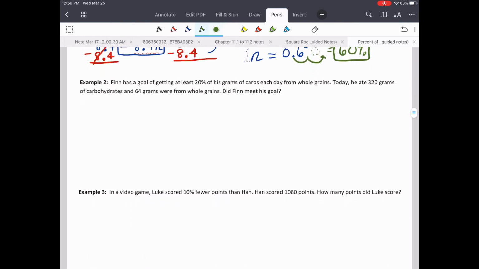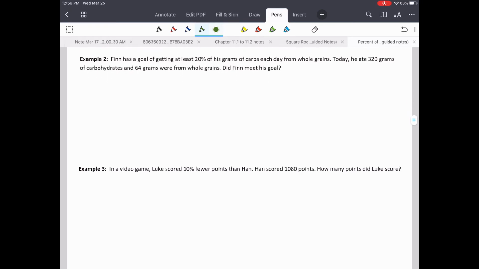Okay, on example 2, one thing I noticed too on the Khan Academy problems is that they just throw in a problem that is a straightforward percent equation problem. It's not a percent increase, it's not a percent decrease type problem. It's just a percent equation.